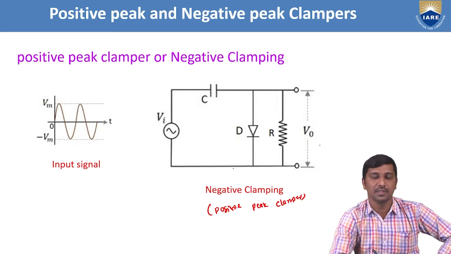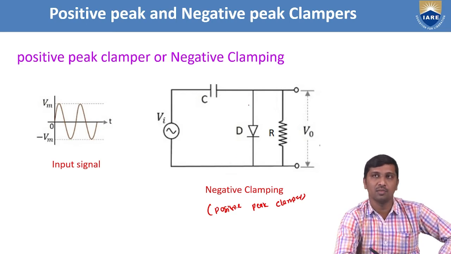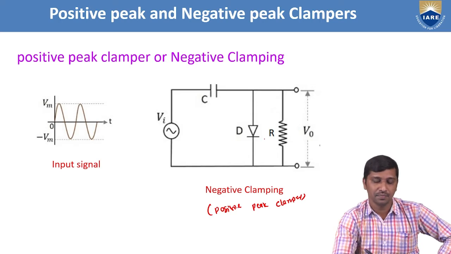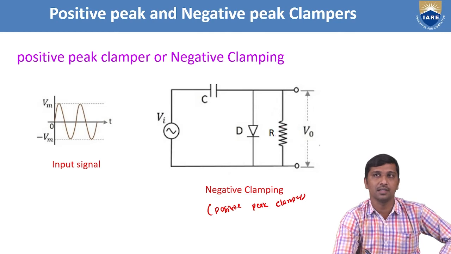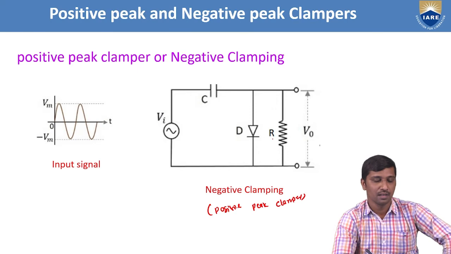This network consists of three components: one is the capacitor, one is the diode, and one is the resistor. The input signal is passing through the capacitive element, and the output is measured across the load resistance, which I represent as RL.